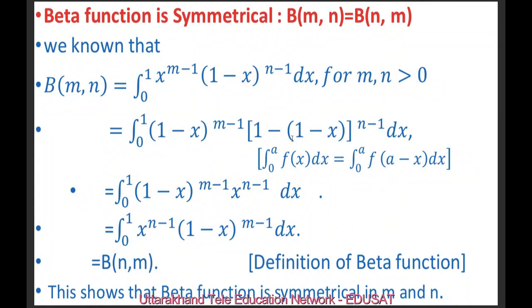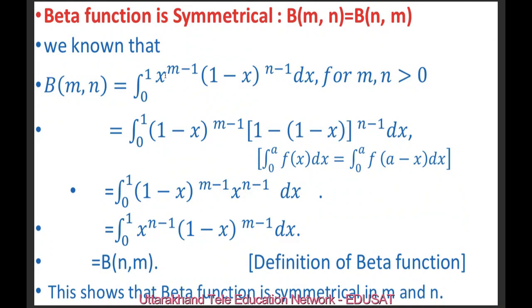Also we know by the property of definite integrals that integral 0 to a f(x) dx is equal to integral 0 to a f(a minus x) dx, means we may replace x by a minus x, where a is the upper limit. Here the upper limit is 1, so we may replace x by 1 minus x.